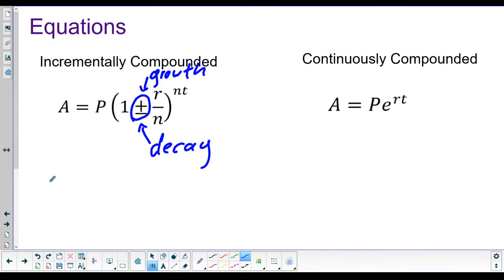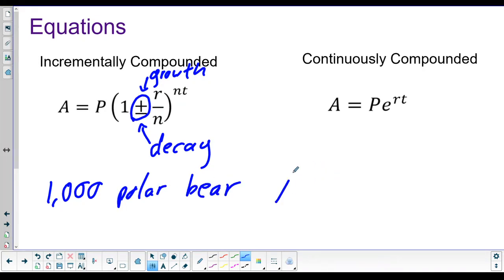You could say something like there are only 1,000 polar bears left in nature, and we lose 7% every year. If you turn this into a minus sign, then plug in the numbers just like you do.